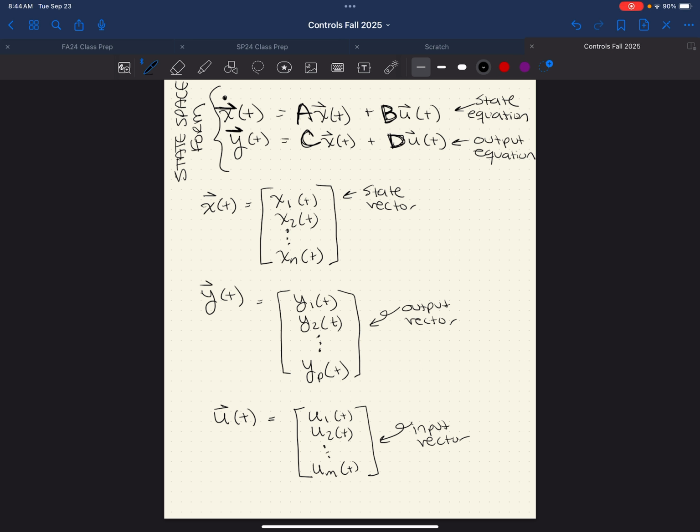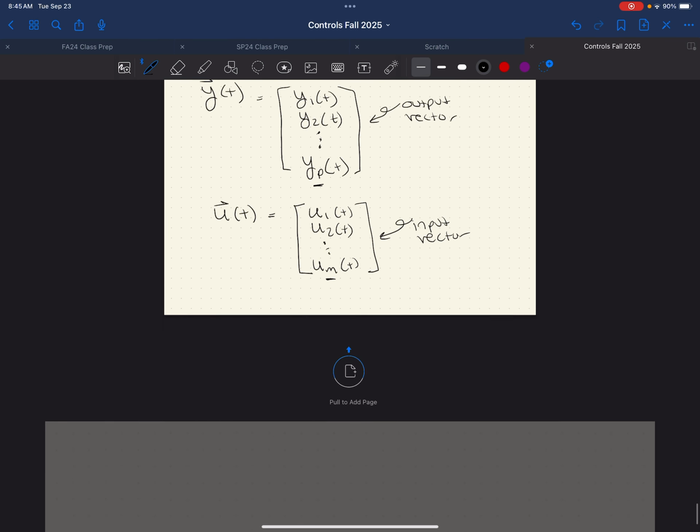You'll notice that the length of each of these vectors is defined by the subscript in the last location. So the state vector is an n row by 1 column vector. Output is a p row by 1 column, and input is an m row by 1 column.